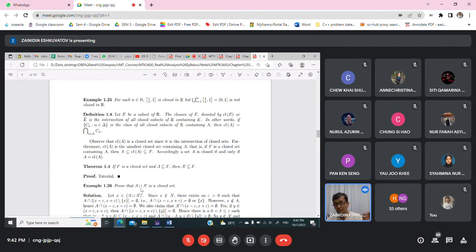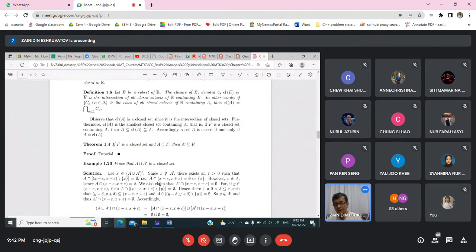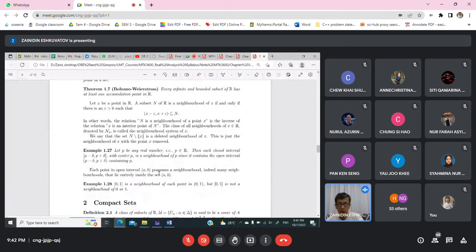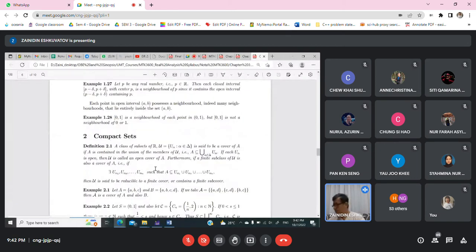You see, A is not a closed set, but A together with A prime, the union, is a closed set. So, a very nice proof, Bolzano-Weierstrass theorem. For the compact sets also we have one more problem.